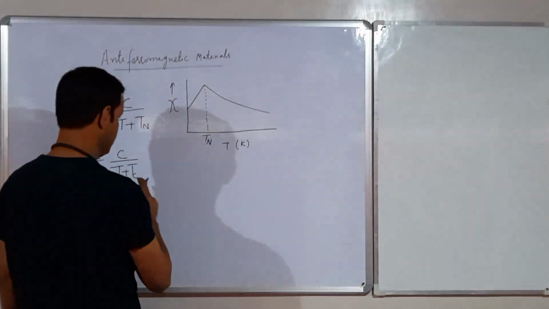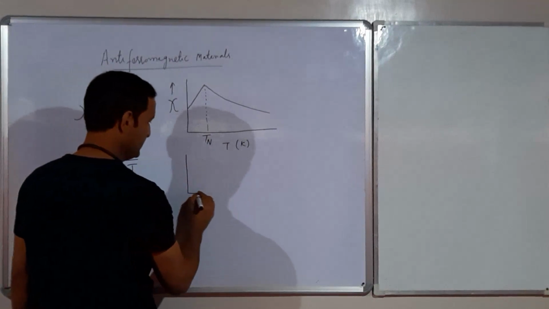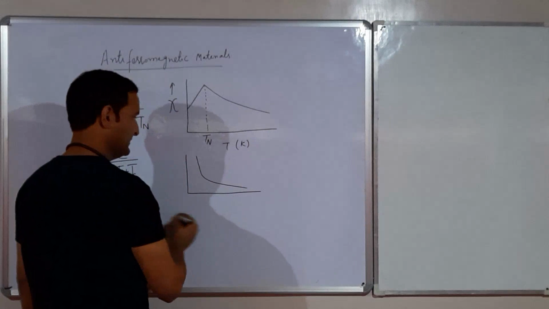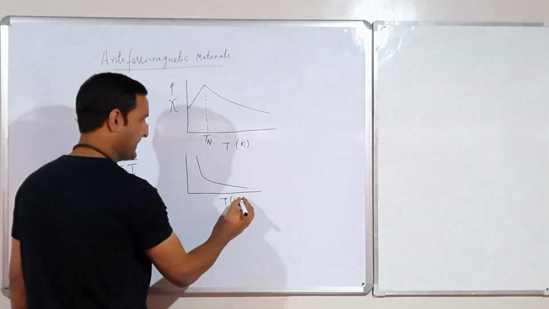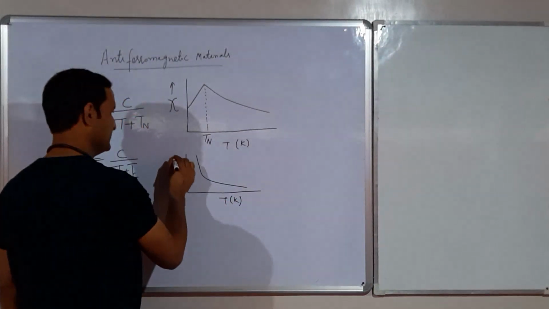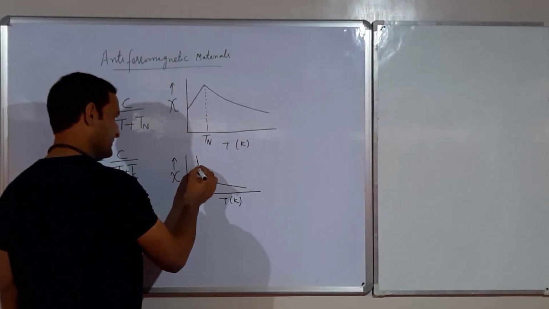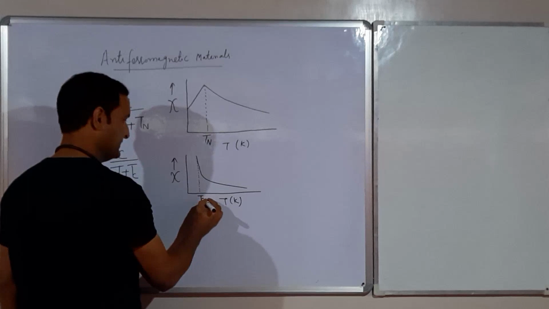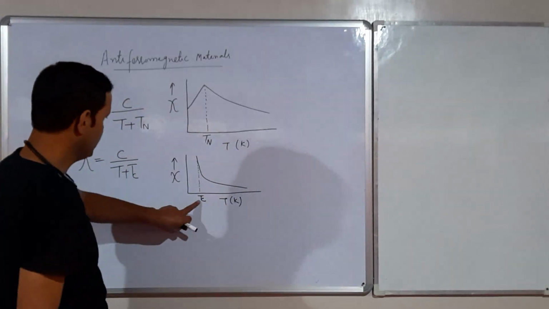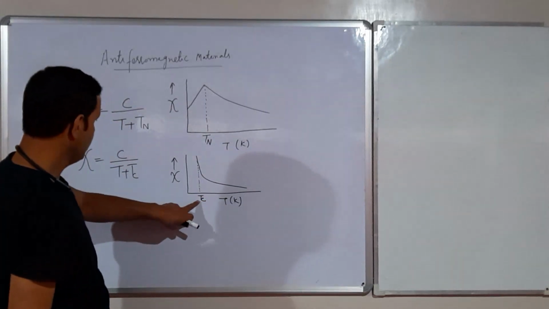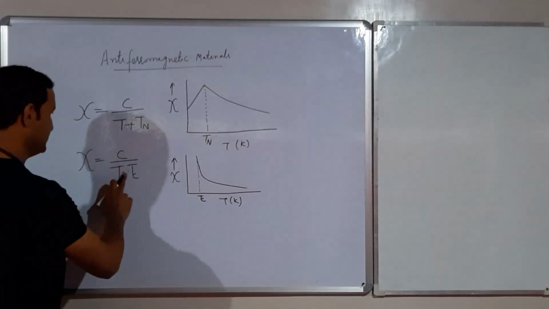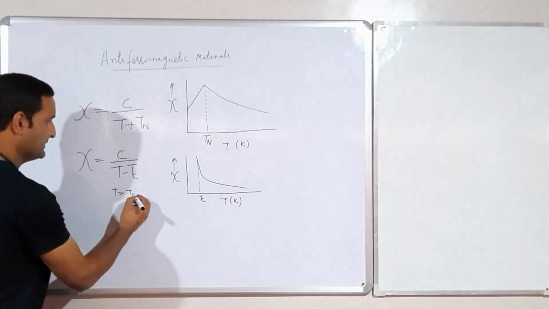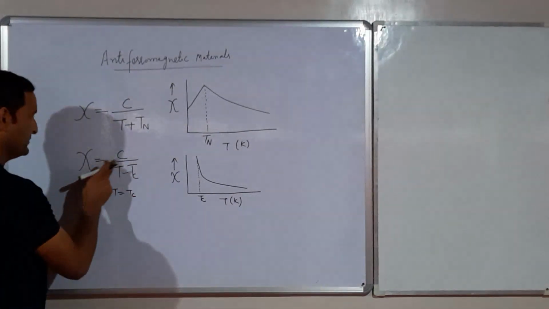So the plot of this was like this. It is temperature here, it is chi. So at a certain temperature, Tn, Tc. At the Curie temperature, if T is equal to Tc, chi tends to infinity.